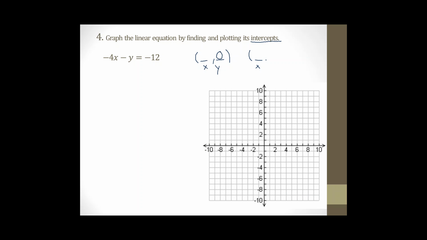If this is your x and this is your y, for the y-intercept, your x would be 0. So you're basically plugging in zeros into the equation to find the corresponding value.